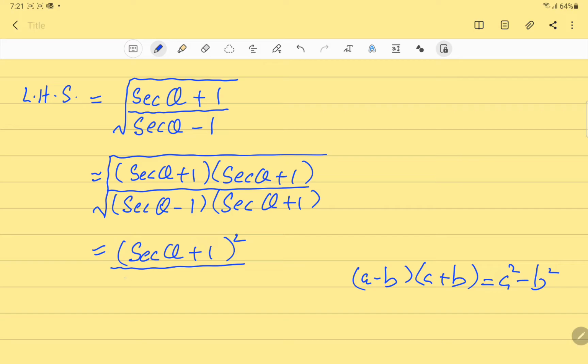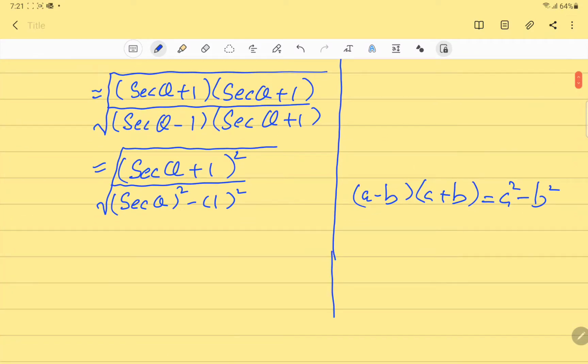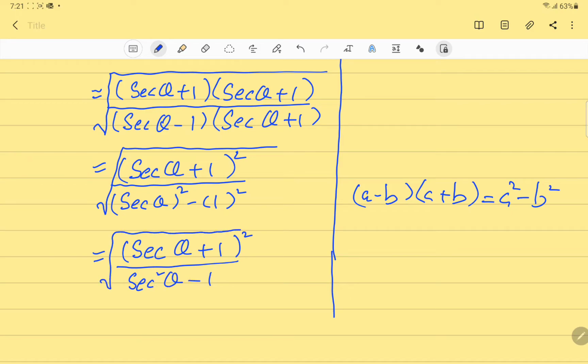So in the denominator we will write secant theta squared minus 1 squared. Okay, now we will keep the numerator as it is, secant theta plus 1 whole squared over secant square theta minus 1, whole under root.